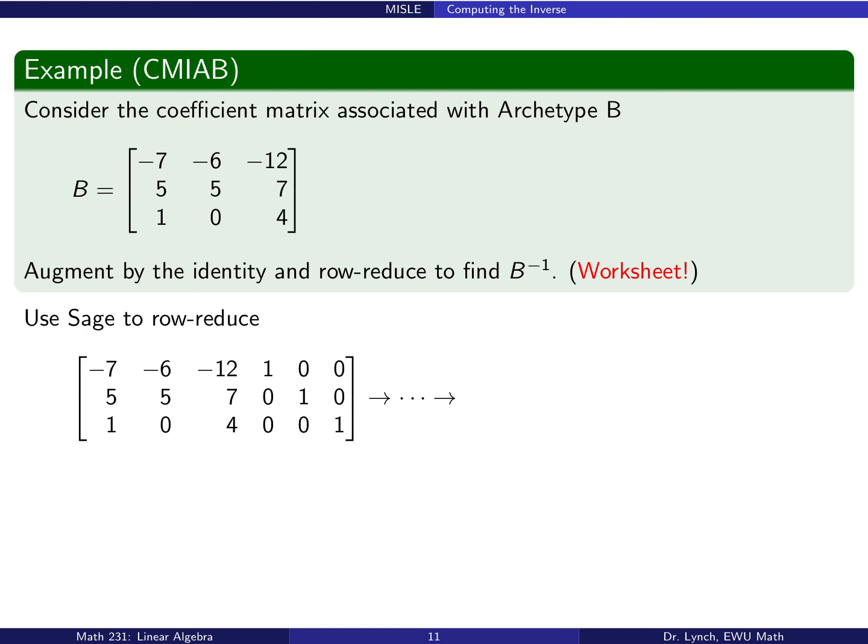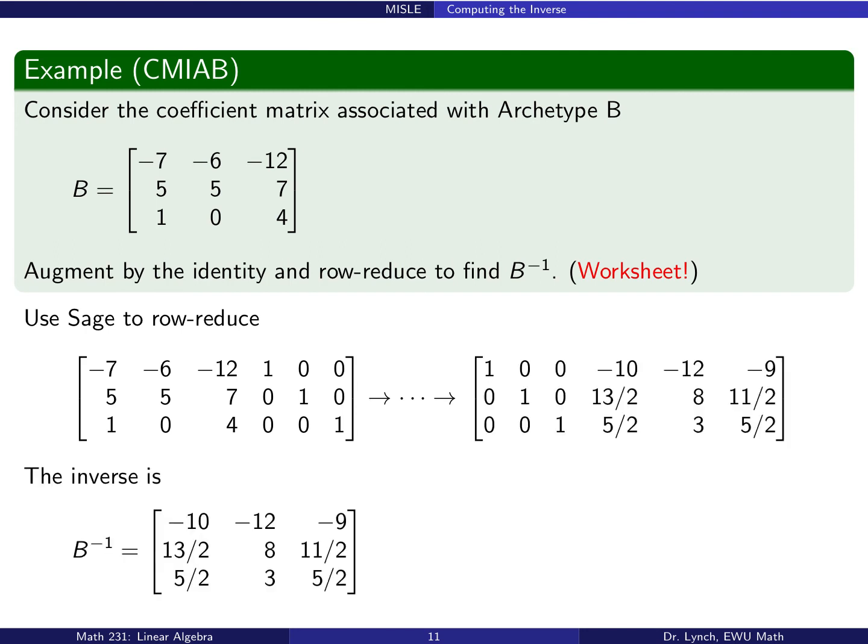And what you should get is exactly that matrix that we just saw as the inverse. Okay, so this is what it looks like when it's in reduced row echelon form. And again, what you do is pick off those columns to the right of the identity, right? This is an n by 2n augmented matrix, and that matrix, as it turns out, is exactly the inverse that we're looking for.